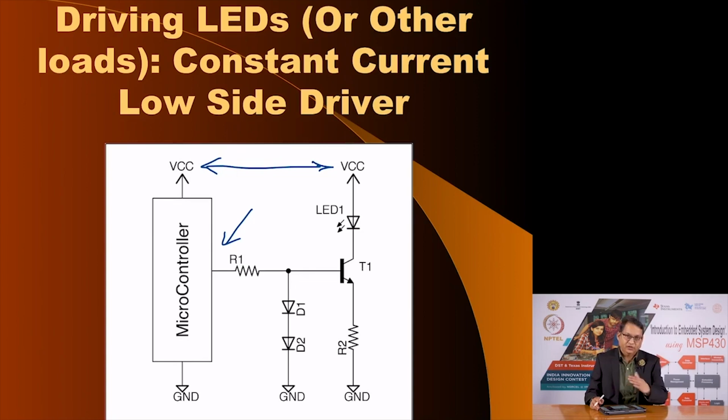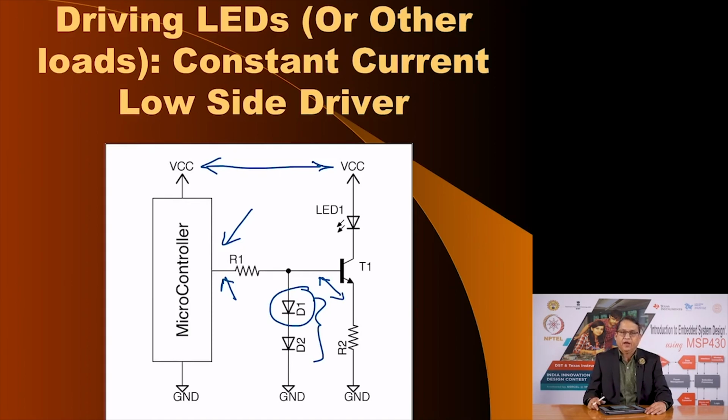The battery voltage will drop over a period of time, but we do not want the current through the LED to vary. So what we see is the output voltage is high, and I have used two silicon diodes. One of the silicon diodes is to ensure that it compensates for this VBE across the transistor.